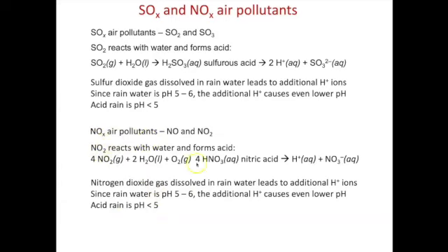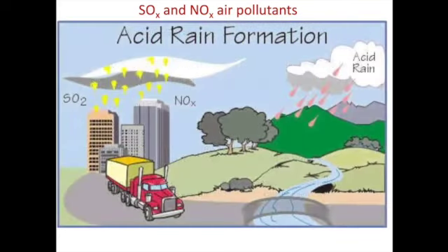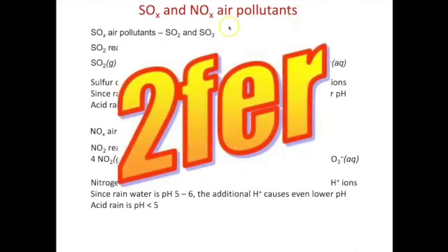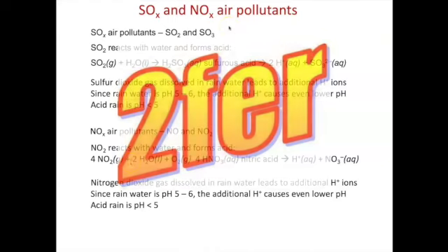It's a series of reactions that leads to the production of hydrogen ion in rainwater. So both of these air pollutants result in acid rain. The source is different. So here's another nice thing. If we can reduce air pollution, well, that's good because cleaner air. Another thing about reducing air pollution is that it solves the problem of acid rain.